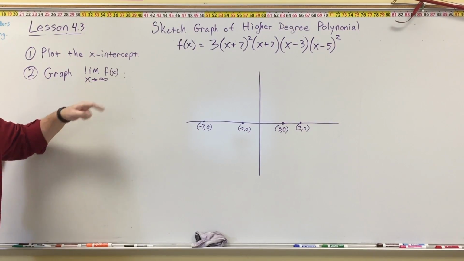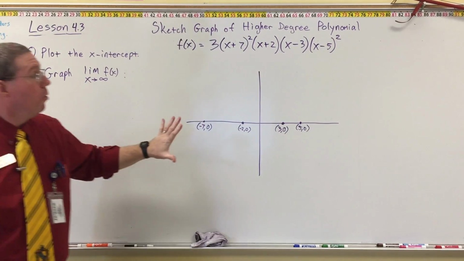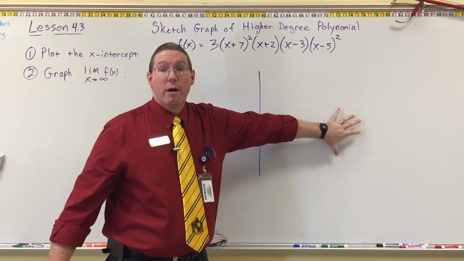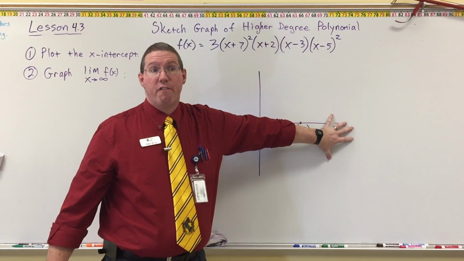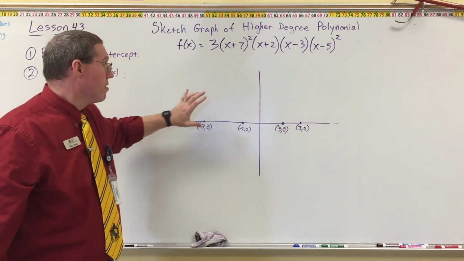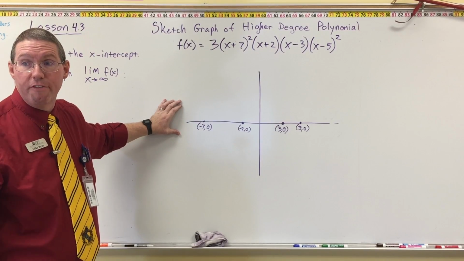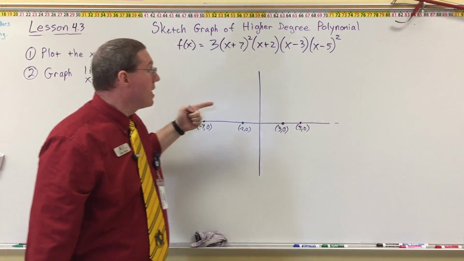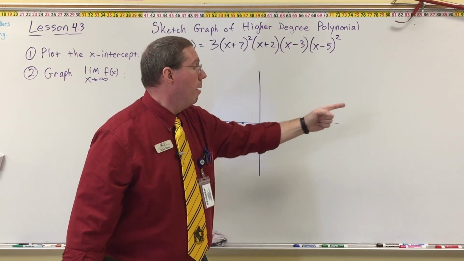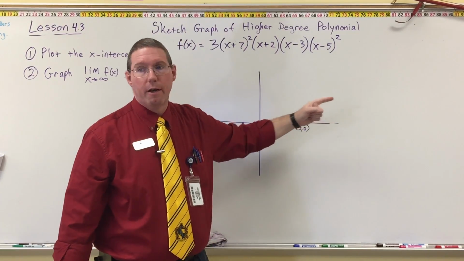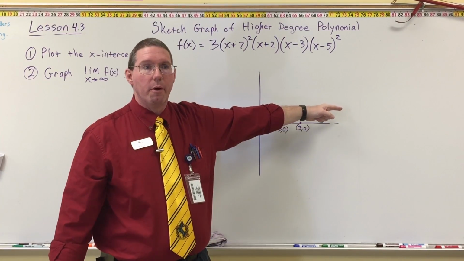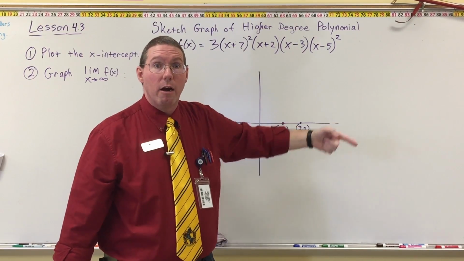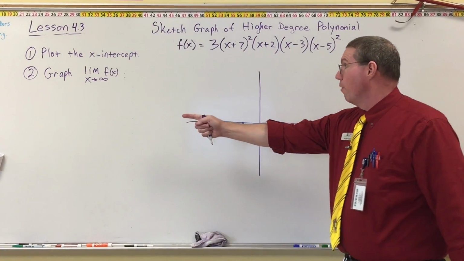Where is x approaching positive infinity? It's the right side. So over here is where the graph is approaching positive infinity. Over on this side, the graph is approaching negative infinity. Why? Because if we keep going that way, what are we getting closer to? It's not really a number, but infinity is over there, and negative infinity is over there.